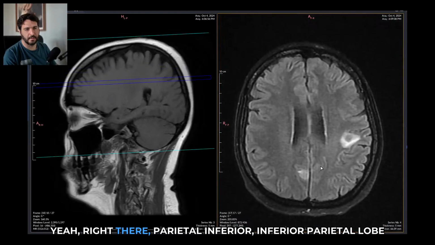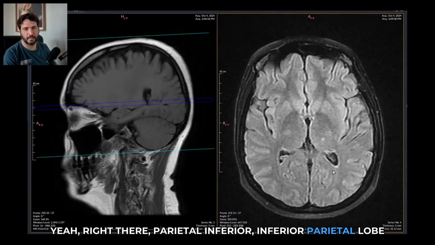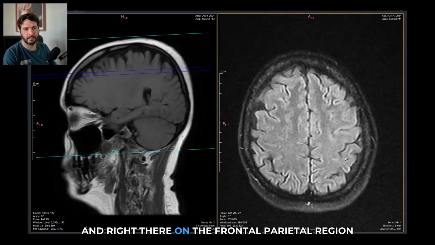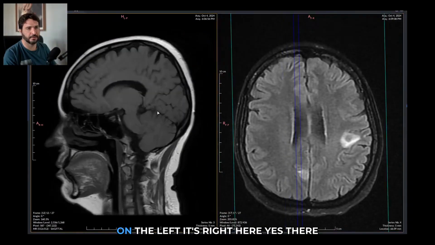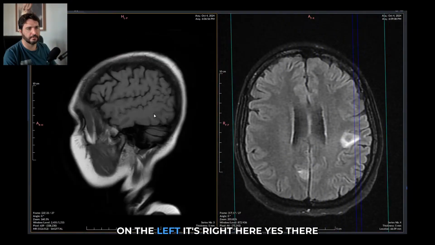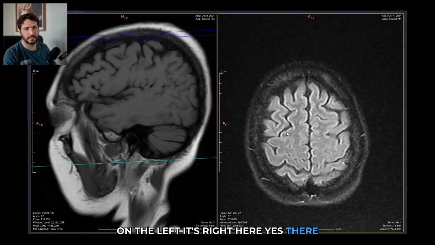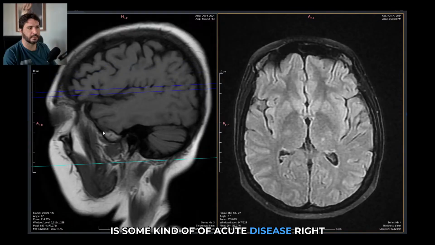Right there, inferior parietal lobe. And right there on the frontal parietal region on the left. It's right here. Yes, there is some kind of acute disease right there.